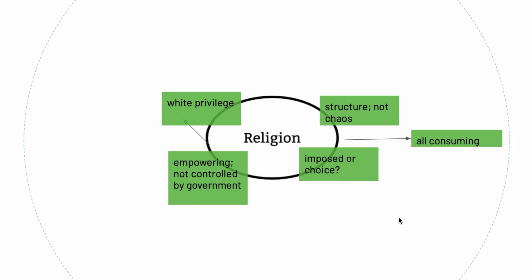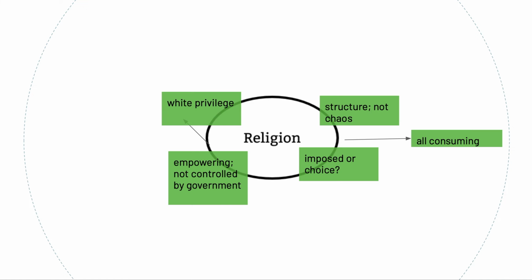It is all-consuming because he mentions he goes there every day of the week. There is an element of white privilege because Trevor talks about the white church and the black church. Those are some ideas that immediately come to mind when we first think of the symbol of religion.